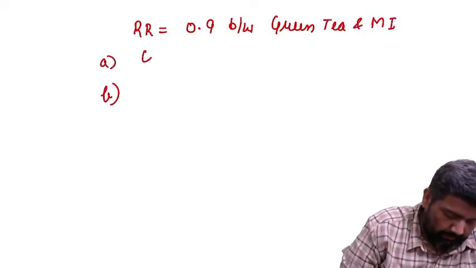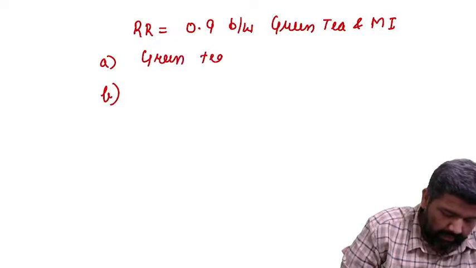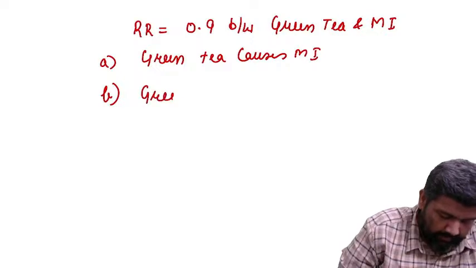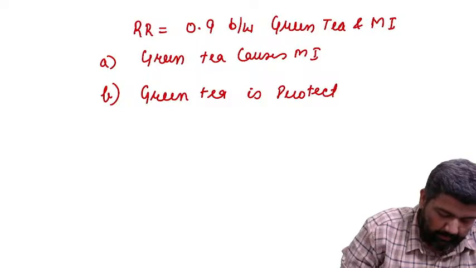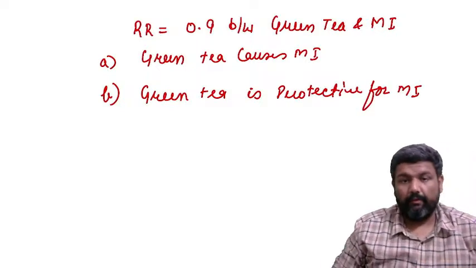Which is correct? Green tea causes MI, or green tea is protective for MI?